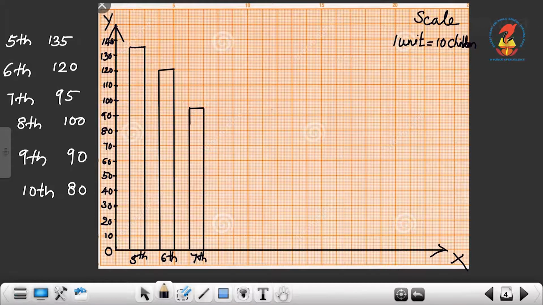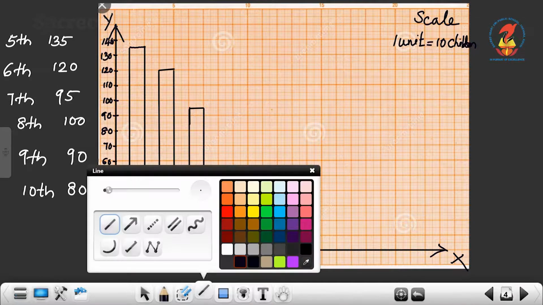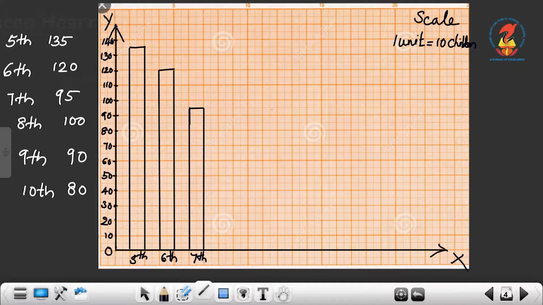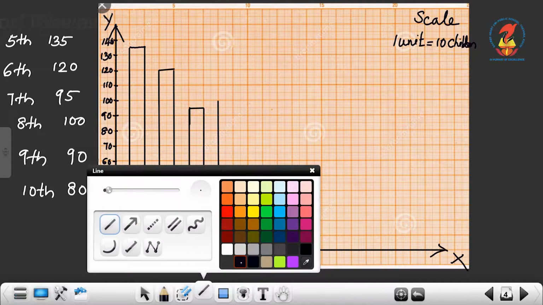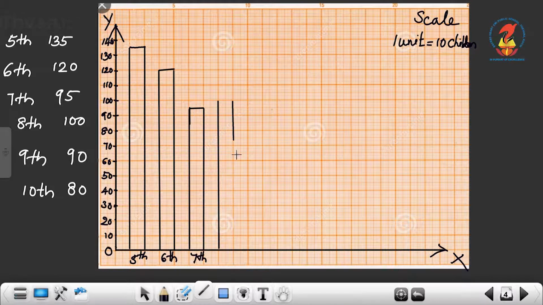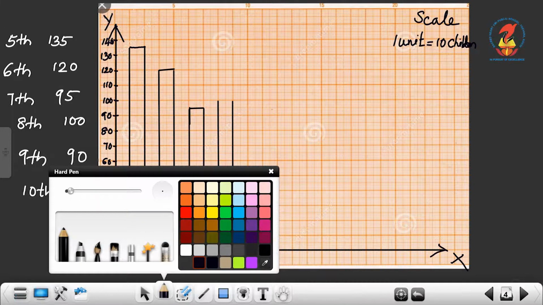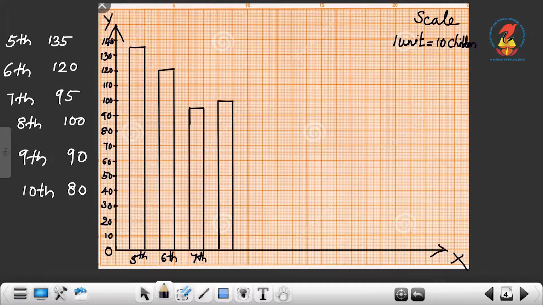Again leave 1 centimeter. Next one is 8th, 100. Okay, 8th, 100. Again leave 1 centimeter. Next 9th.